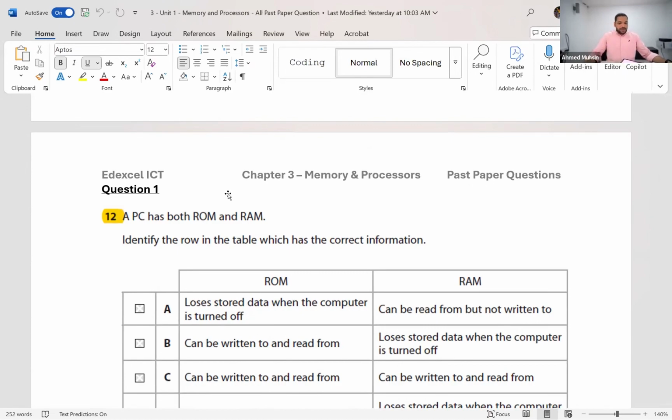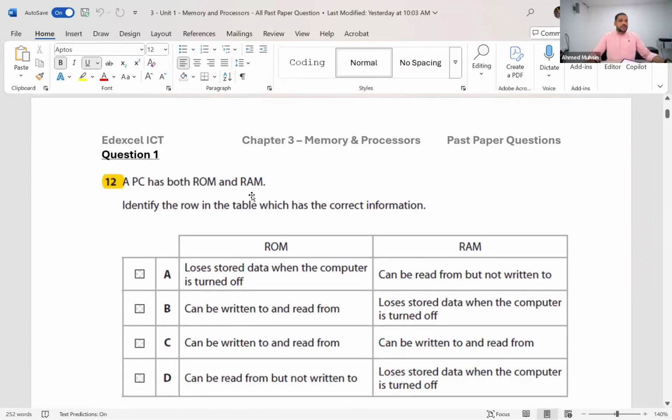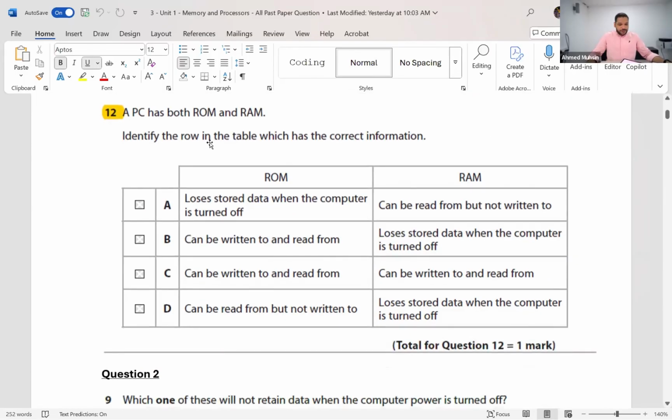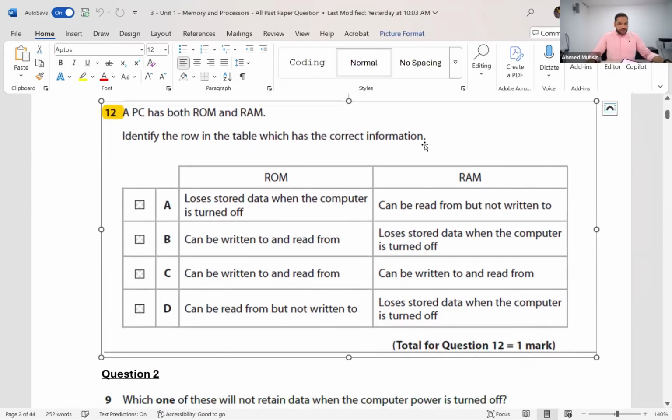Question 1, guys. A PC has both ROM and RAM. Identify the row in the table which has the correct information. So let's go one by one. Loses stored data. Does the ROM lose anything? The ROM is read-only memory. It's non-volatile. It's permanent. So answer A is out. Can be written to? No. You can't modify anything in the ROM. So answer B is out.